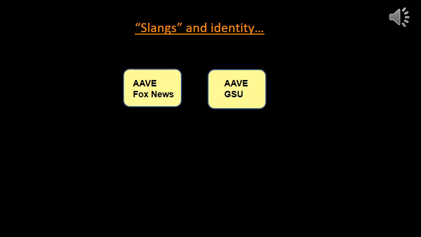We cannot at all compare the past of French Canadians and the past of African Americans. We don't have the same level of suffering at all. But for the dialect, we can compare a little bit. They disagree on the nature of the dialect. The guy in Fox News clearly says that AAVE is something that should be eliminated.